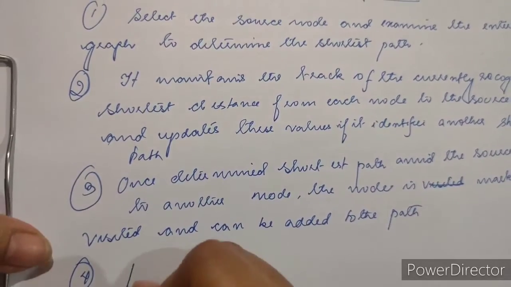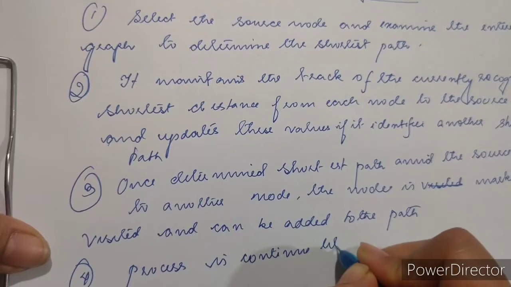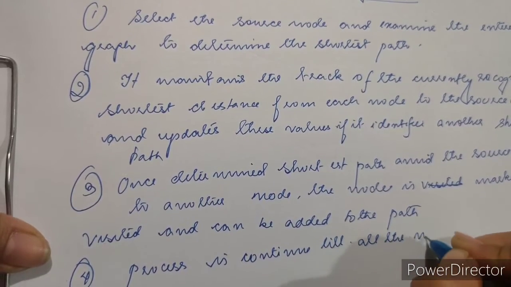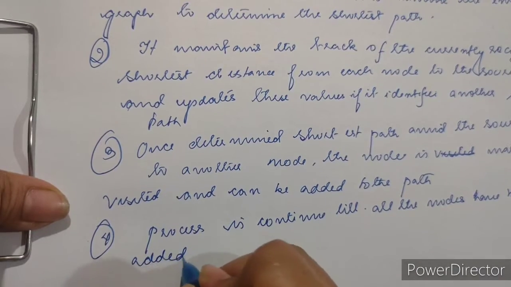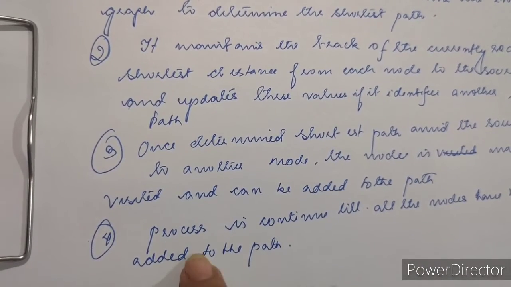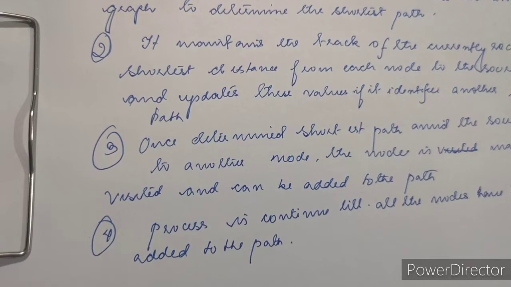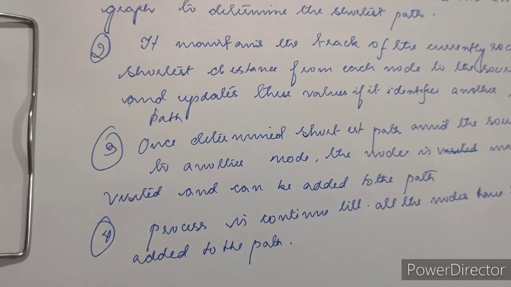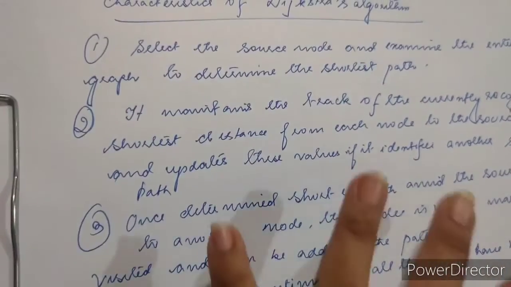So in this way a path gets created that connects the source node to all other nodes, following the shortest possible path to reach each node. So this is one characteristic of the Dijkstra algorithm.